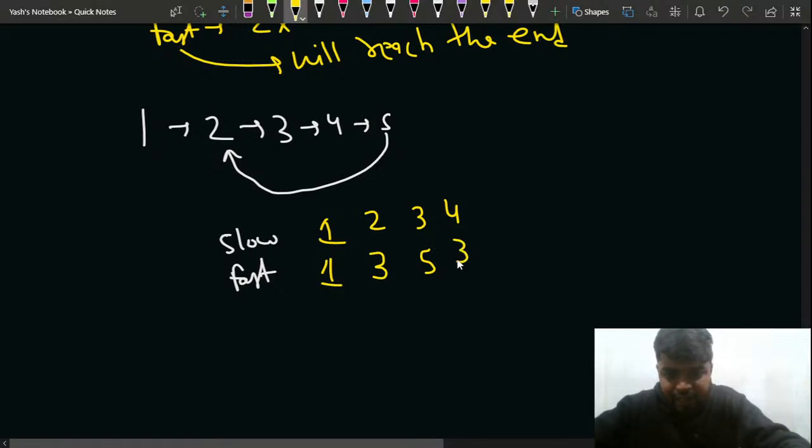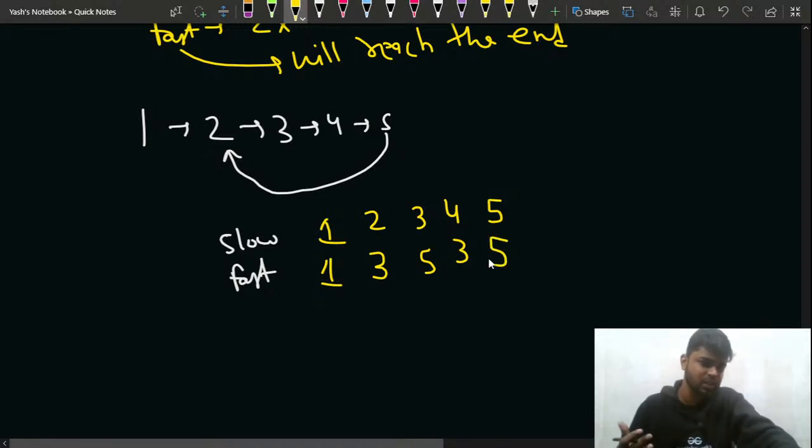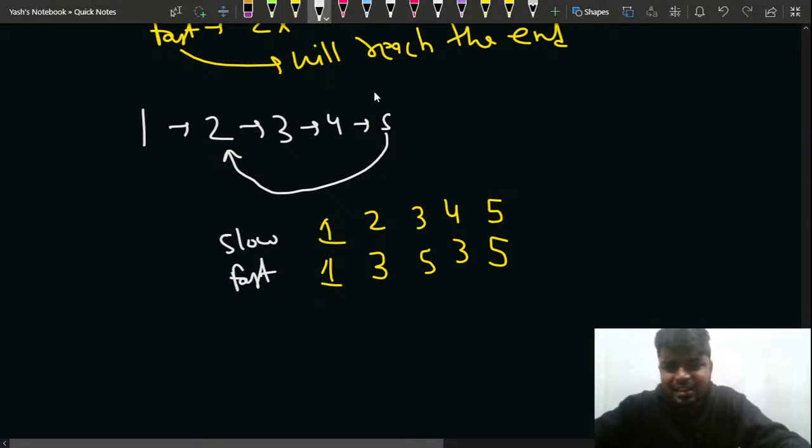Okay, after that what would happen? After that, my slow moves to 5 and my fast moves to 5 as well, right? This will be the particular situation. So in this particular case you can see that my slow and fast are the same. So this indicates that I have a cycle.